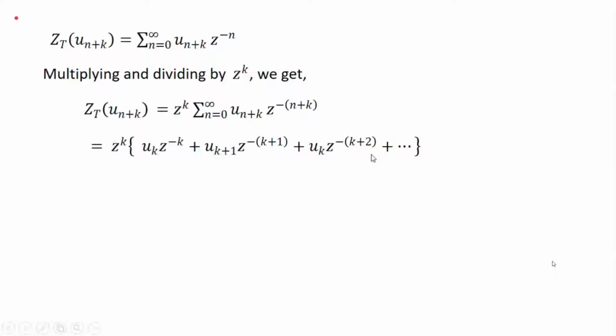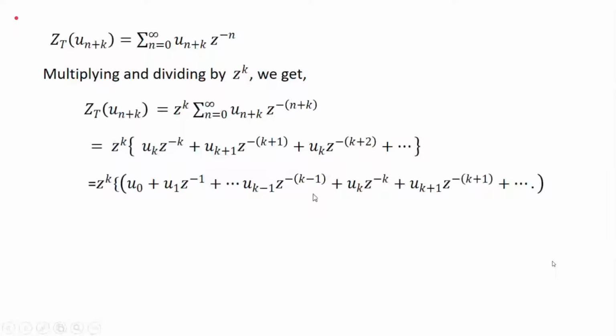So what you get is z power k into this. And can you see that the sum starts from uk z power minus k. So what I will do is I will add these many terms. I will add from u naught to u k minus 1 z to the power minus of k minus 1 and I will subtract those terms.